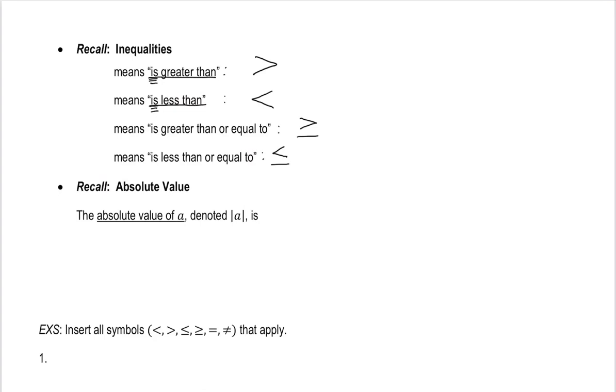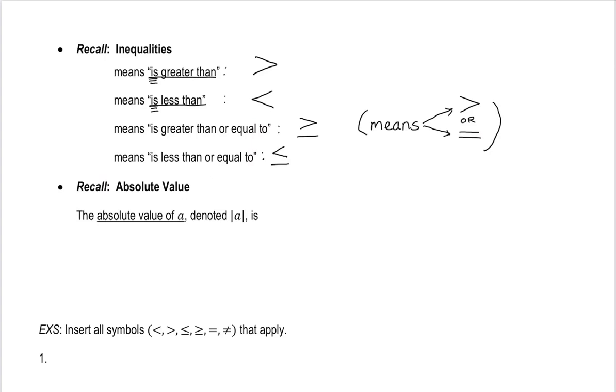So when you see these ones that involve the "or equal to," let's write something here off to the side. This means that either the greater than part can be satisfied or the equals part could be satisfied. So when you have greater than or equal, it means either of those could be satisfied and you'd have a true statement.